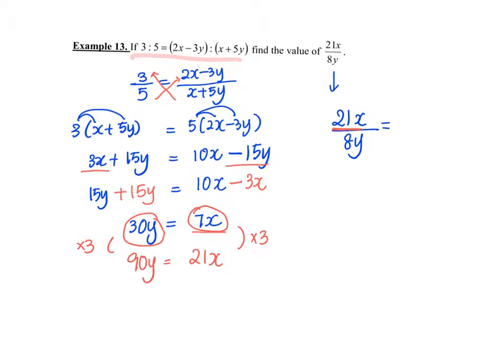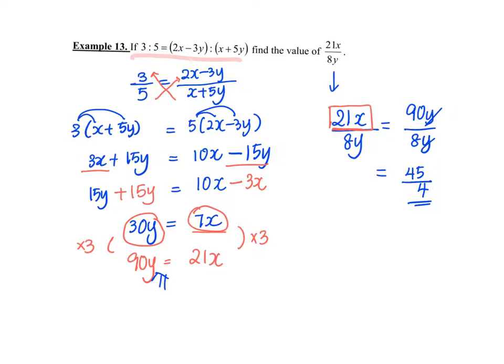So instead of writing 21x, I'm going to replace it by 90y, which I got from here, right? And then over 8y, what can we do to this fraction? We notice y and y can cancel away. And then let us simplify 90 over 8. It simplifies to, please don't write it as a mixed number, keep it as an improper fraction, 45 over 4. So this is my answer.